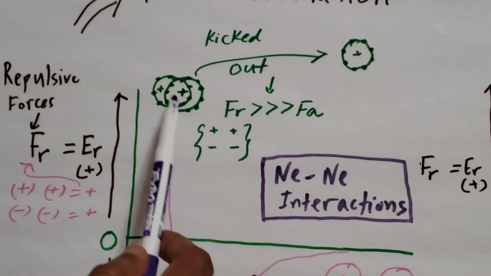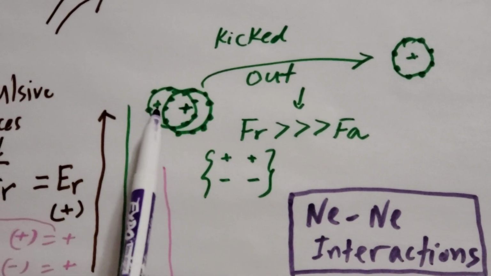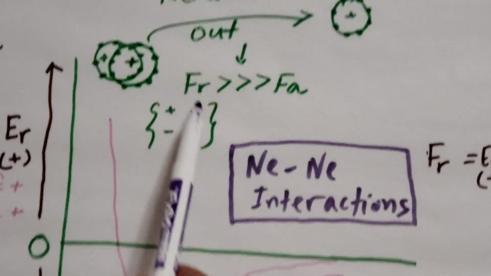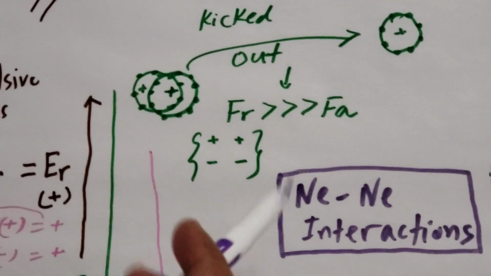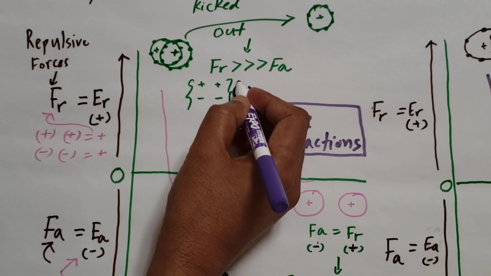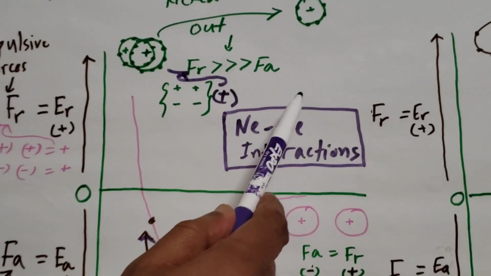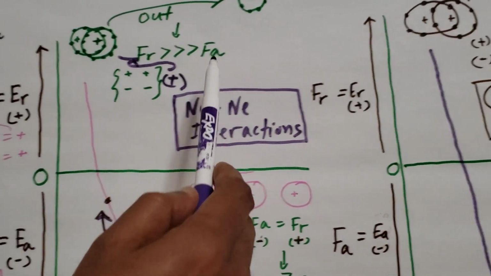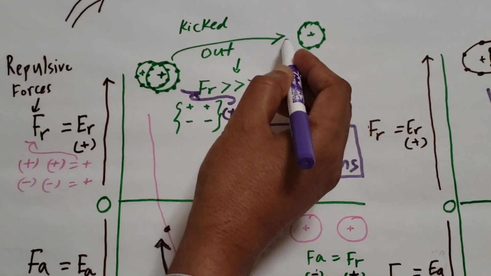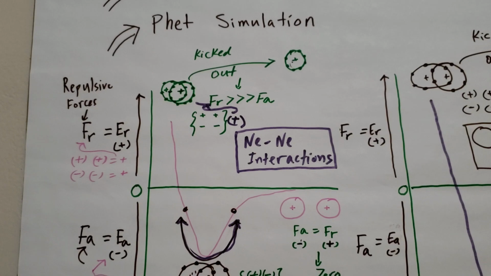Because of this huge penetration, nucleus and nucleus will repulse, and electrons will repulse. So positive, positive, negative, negative. This will give you a positive value, and this positive is nothing but the repulsive forces. So your repulsive forces are much higher than the attractive forces, and because of this, the atoms are kicked out when you bring them too close to each other.